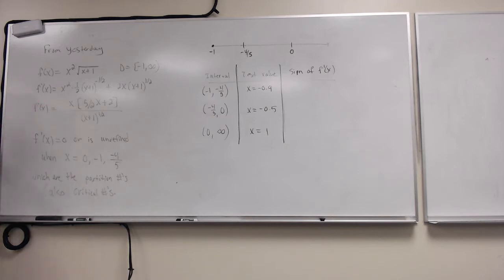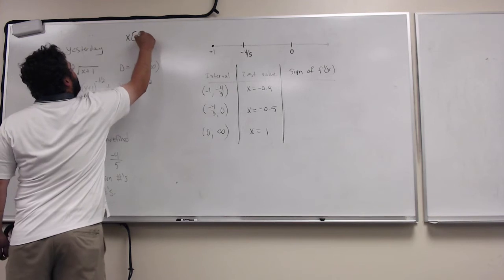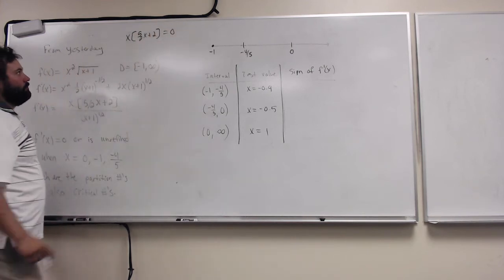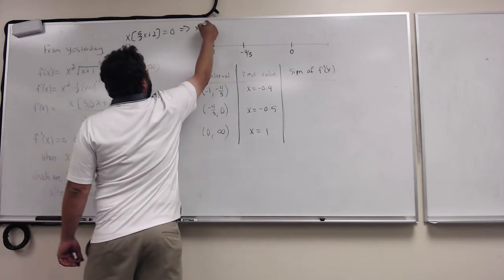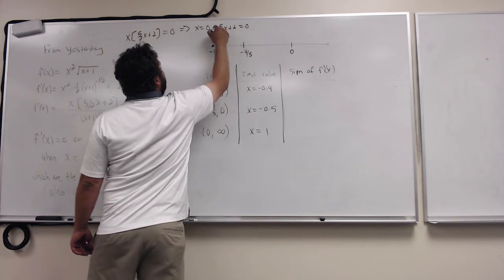Now, algebraically, if a derivative is a quotient and you want to figure out where it is 0, you set the numerator equal to 0. I don't think I did this in class, but I set the numerator equal to 0, which would tell you either x is equal to 0 or the 5/2 x plus 2 is equal to 0.